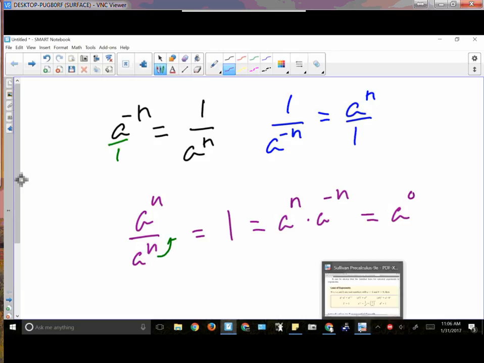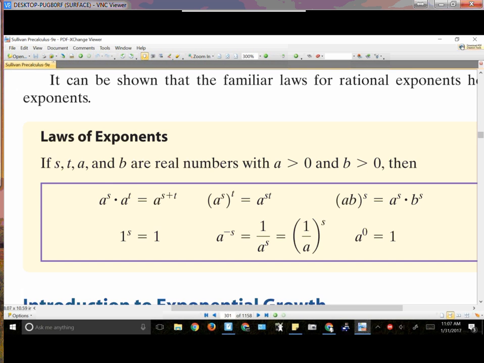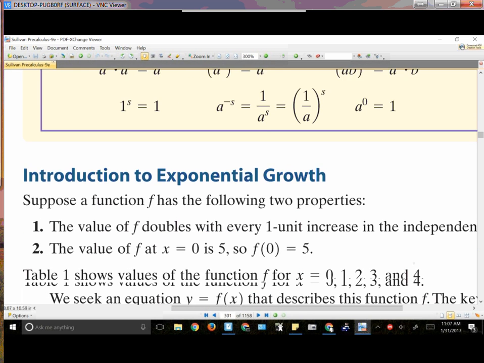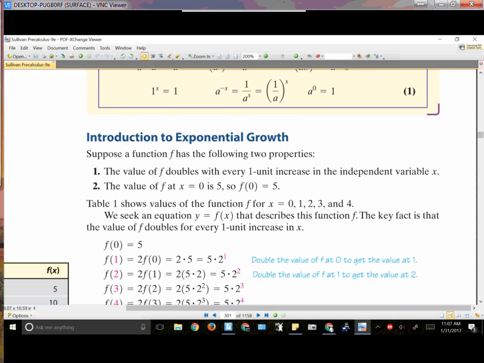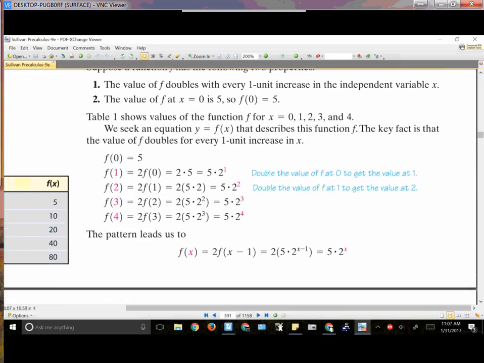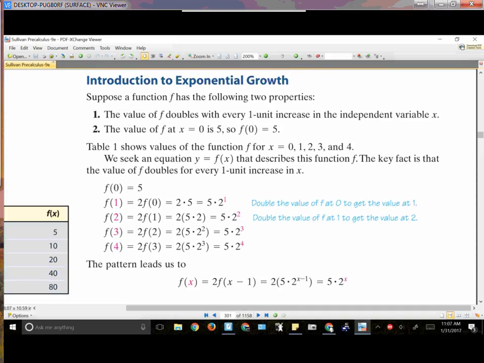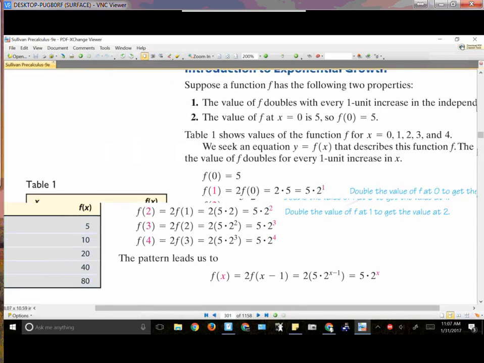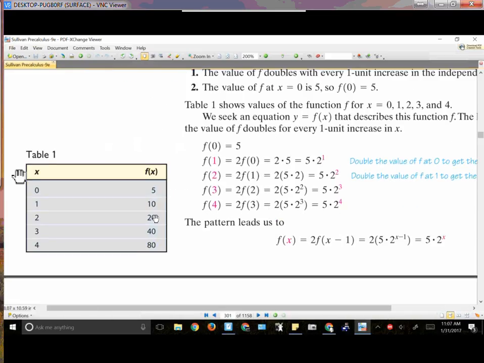Okay. So, exponential growth. That's a good thing, right? So if the value is going to double for every increase of 1 unit, if I just look at the table of information, you get 5, 10, 20, 40, 80.